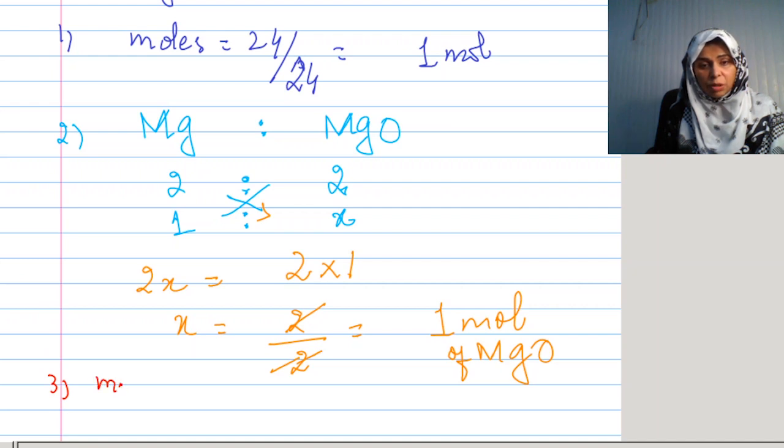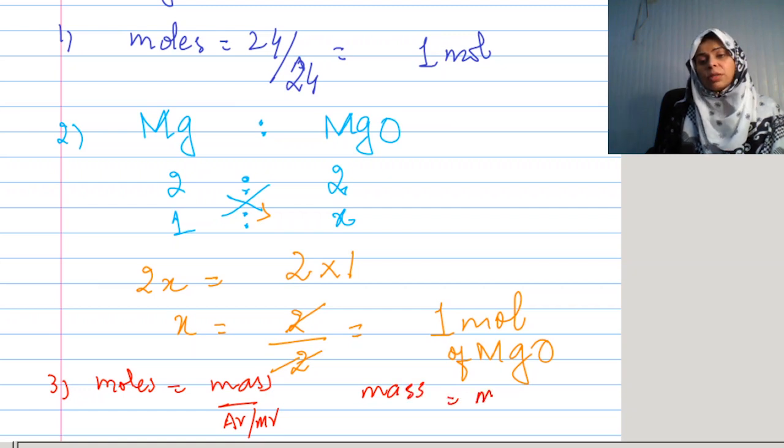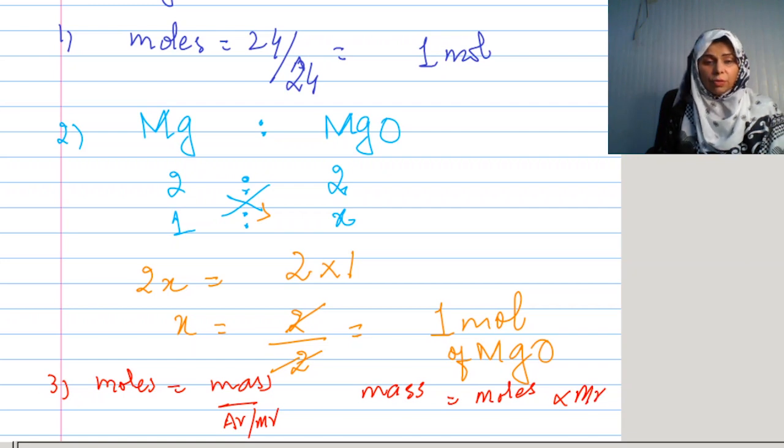The formula is moles is equal to mass over Ar or Mr. But if we have to calculate mass, then it is moles into Mr. This is the formula. We have got 1 mole of MgO.